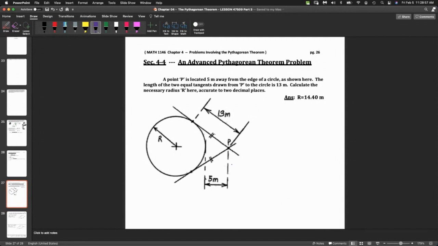Has anybody tried this question already? Okay, let's talk about this one. Once we do this question, the last two questions will follow very similar algebra. But this question is harder than the other two in a sense because there's no triangle that's obvious. You are going to be brave now, though.